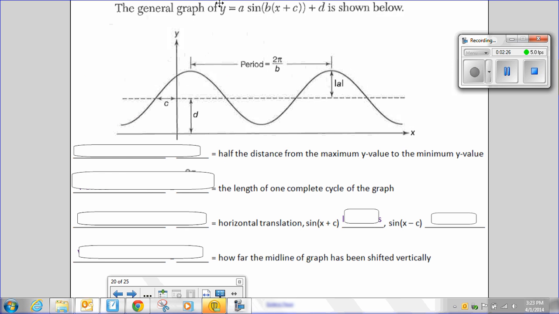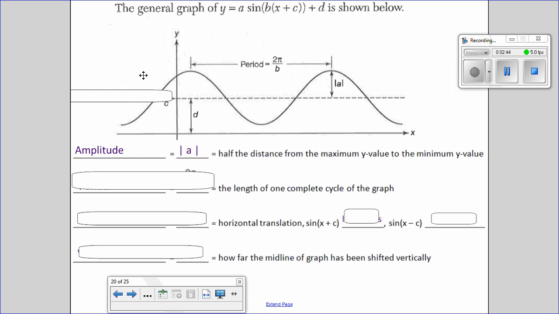Okay, this right here is the general formula for the equation of a trigonometric function. We have y equals a sine of (bx plus c) plus d at the very end. Now the a represents the amplitude, and the amplitude is always positive because it is the absolute value of a.